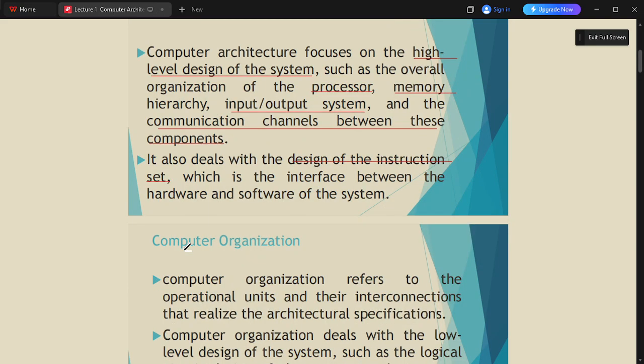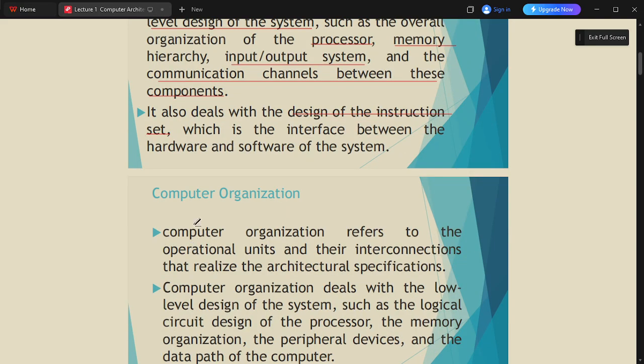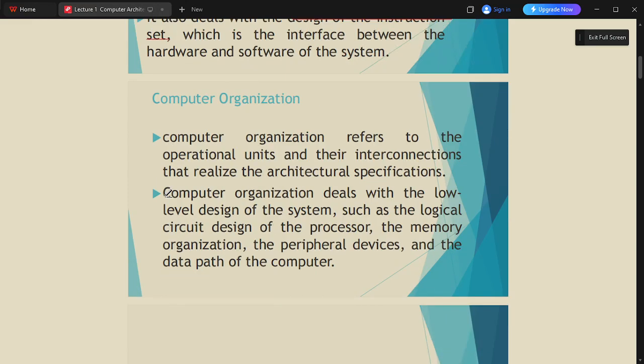So we move on further to talk about computer organization. What is computer organization? Computer organization refers to the operational units and their interconnections that realize the architectural specifications.